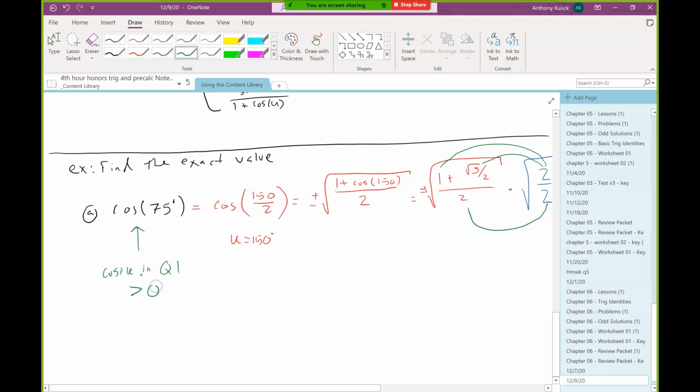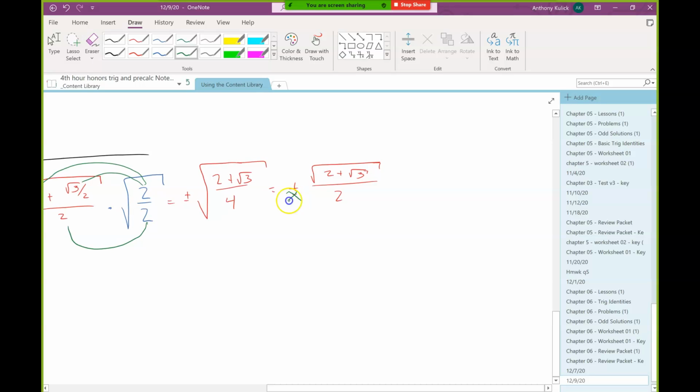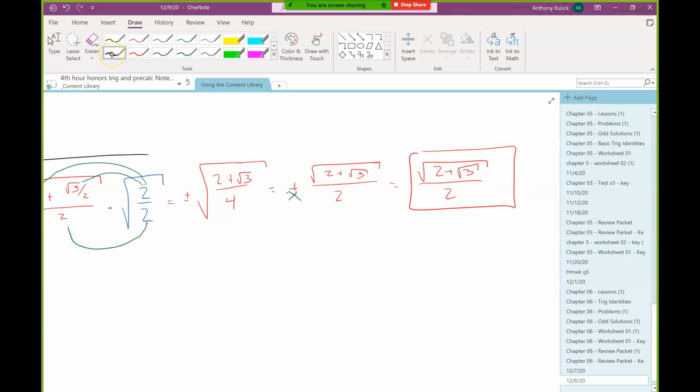I know that that has to be a positive value, right? Whatever the value of cosine in quadrant 1 is should be positive. So when I go to the end, I don't want the negative, but rather just the positive. And there we go.